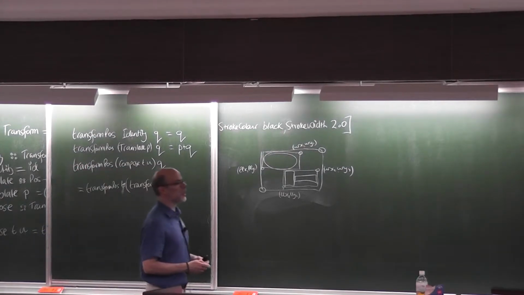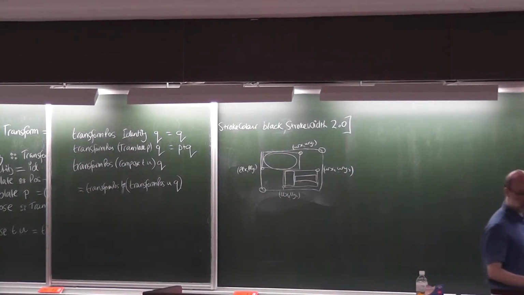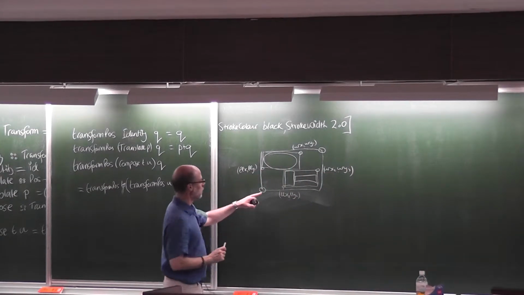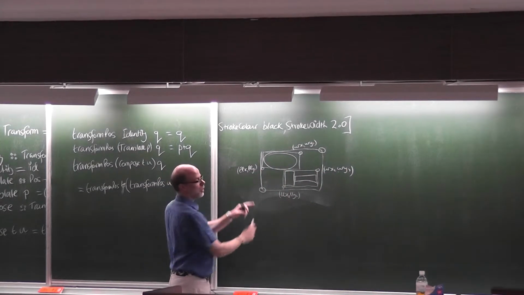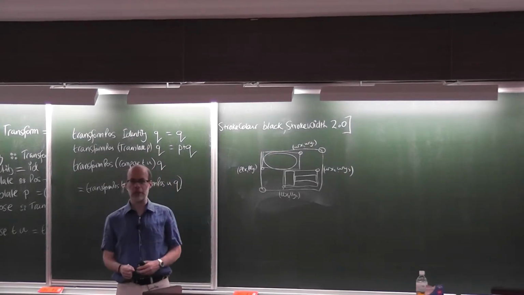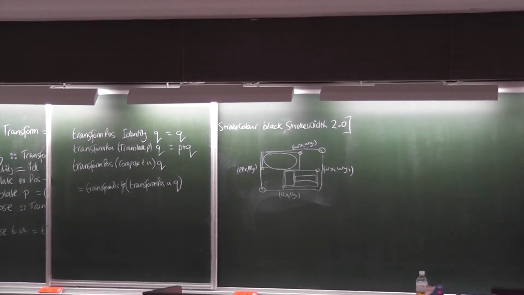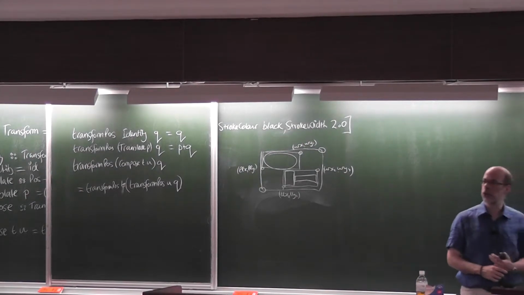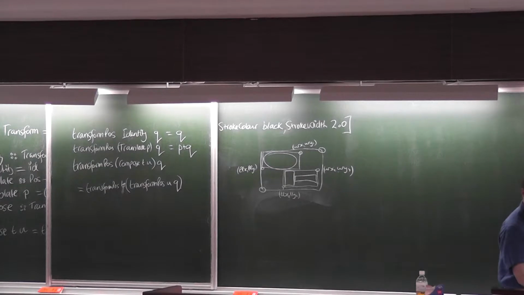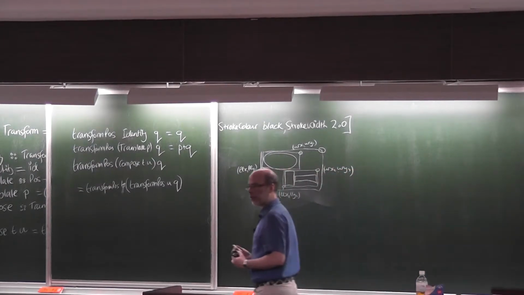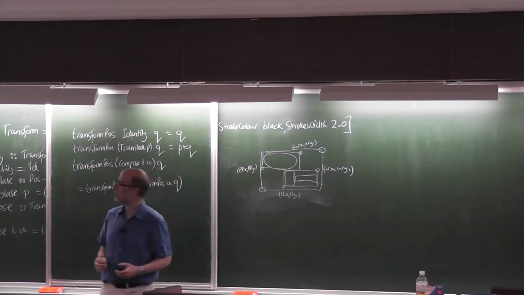And the y coordinate is the minimum of the two y coordinates here, so minimum of lower left y1 and lower left y2. So that explains this point here. That's the lower left corner of the bounding box. And similarly, this is the upper right corner of the bounding box. And I encourage you to think about the picture and convince yourself that that's the right thing to do.